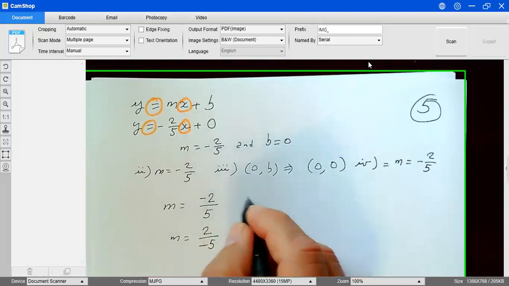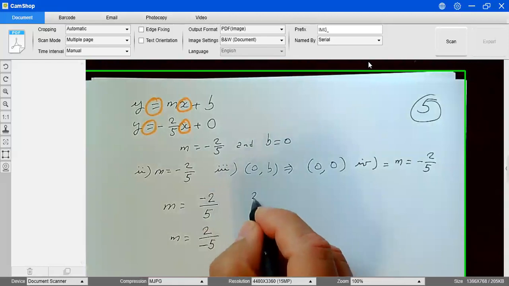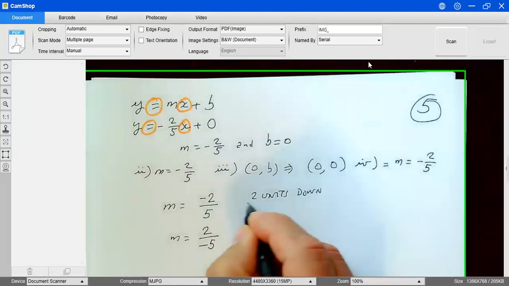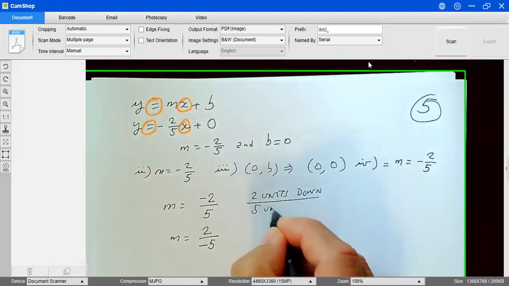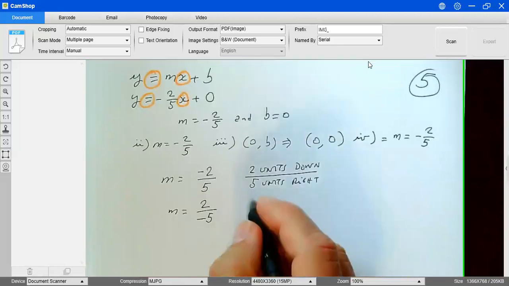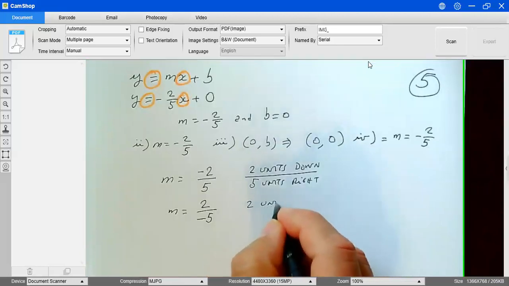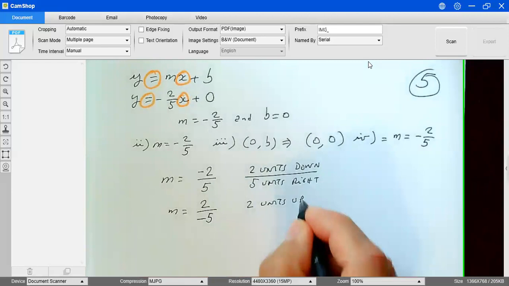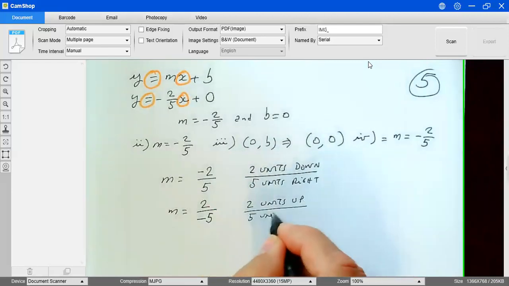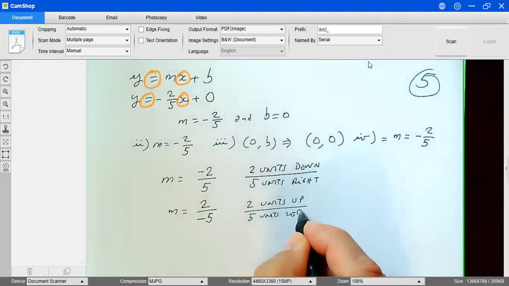So in this case, you have 2 units down and 5 units right, or you have 2 units up, because that's the vertical shift, and 5 units left.